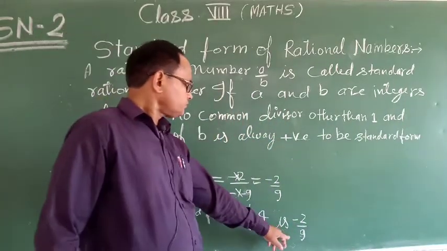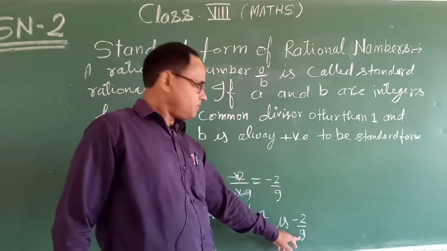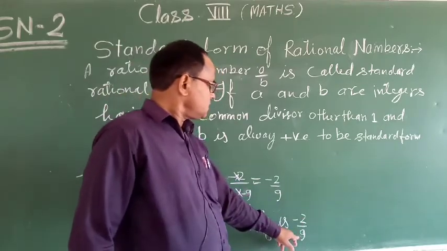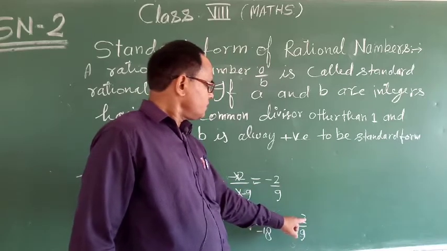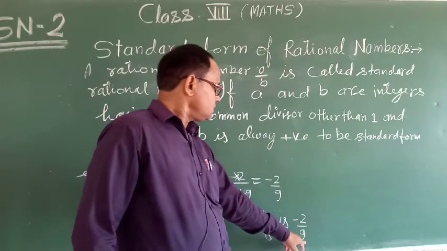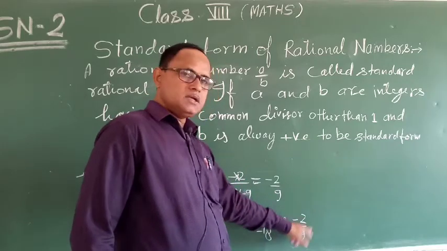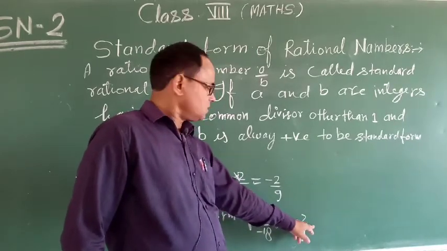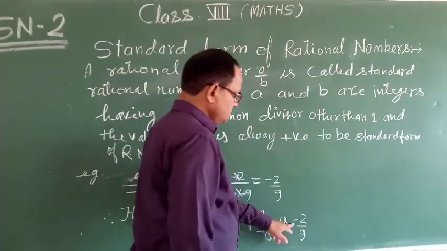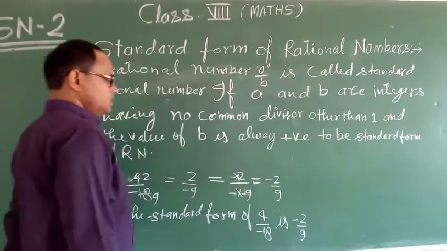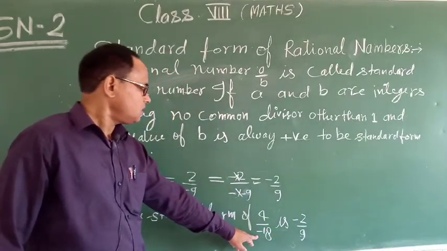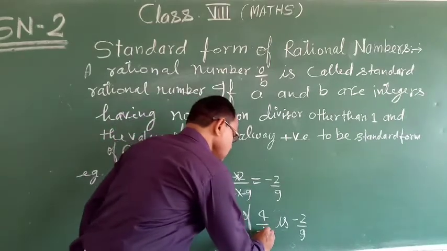Here the value of the denominator is positive and the integers 2 and 9 have one as the highest common factor. One is the divisor of both. Okay, then this rational number is the standard form of the rational number 4 upon minus 18.